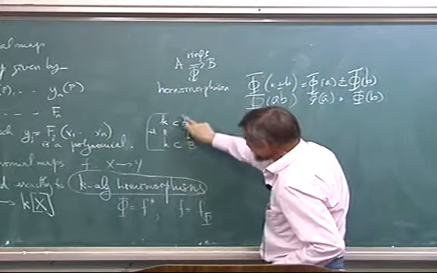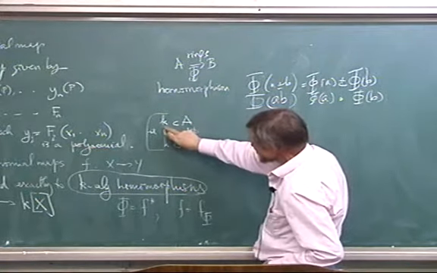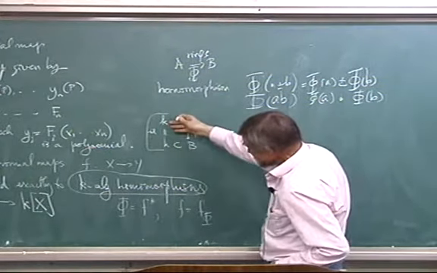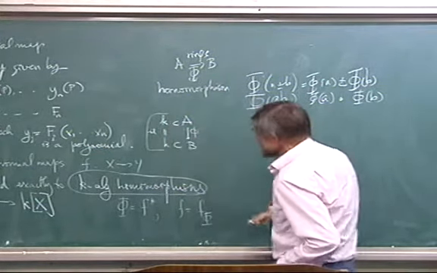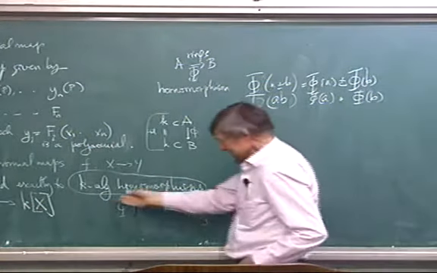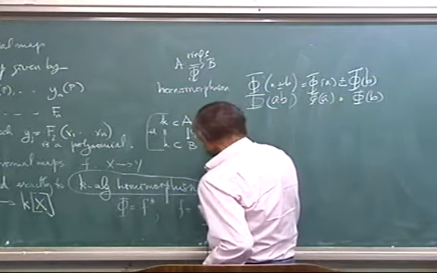This is a ring of functions on a space, and it contains the constant functions to the field K. And I want the constant functions to map to the constant functions. This is an algebraic assumption on the homomorphism.